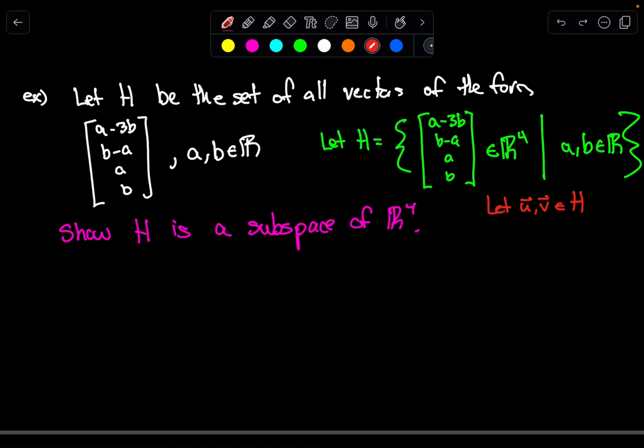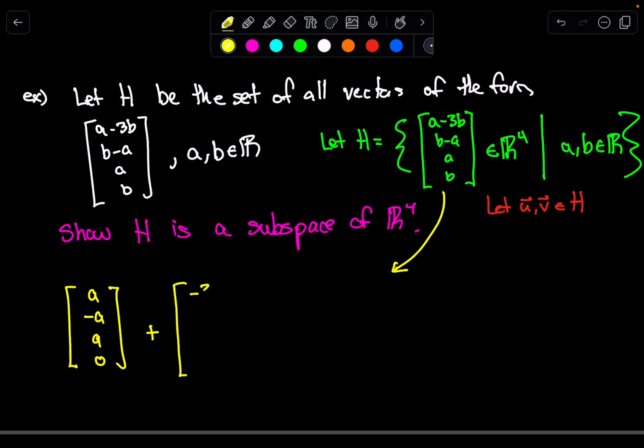But if you use the idea that we just covered, which is that the span of something is itself immediately a vector space, I can take this and rewrite that vector. I can put everything with an A and a B: A, negative A, 0, plus B and so on. It is the same thing as this single combined vector notation.